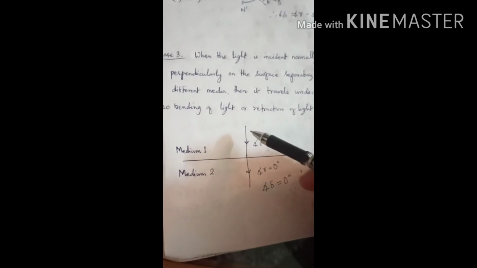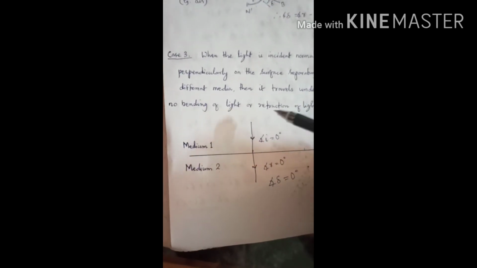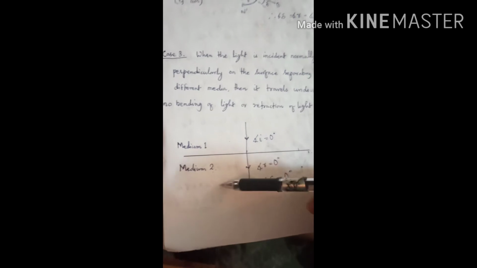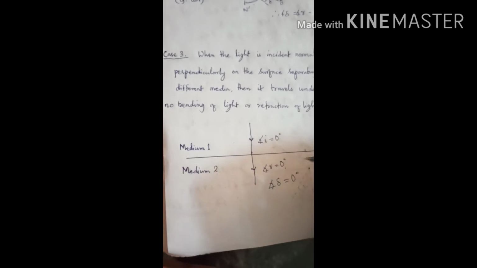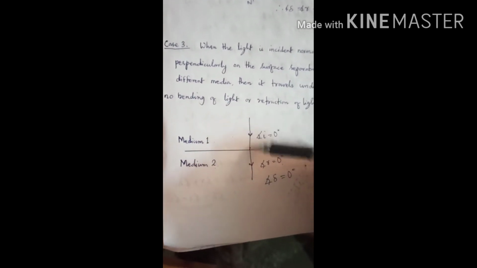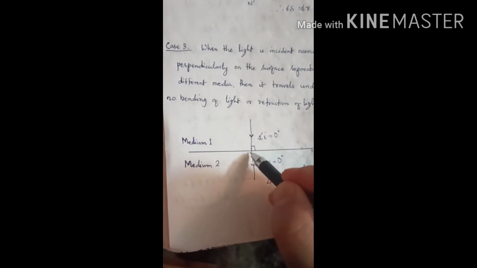This is one of the important conditions. Although here light is traveling from one medium to another medium, and the speed of light also changes, as the light is incident normally, perpendicularly, no refraction takes place.